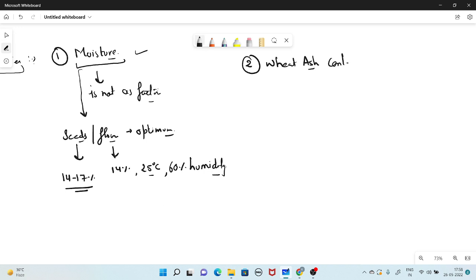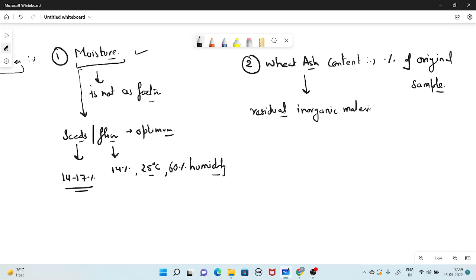Next important parameter of the wheat is the wheat ash content, right? And this one is expressed as a percentage of the original sample. If we try to define this, it is the residual inorganic material left after the incineration of the flour.